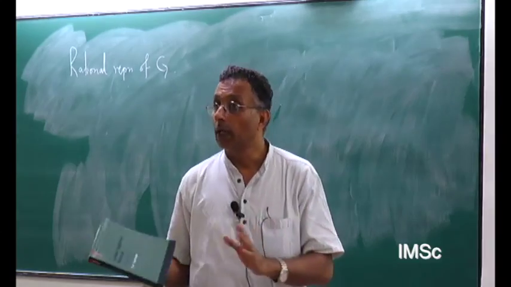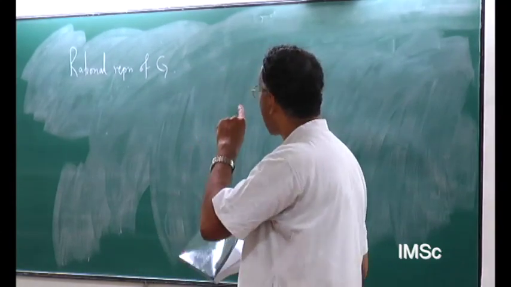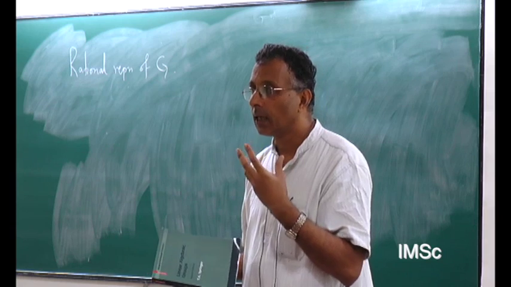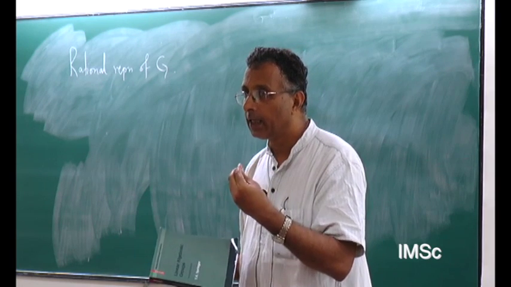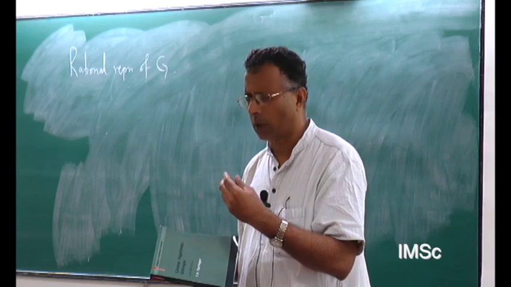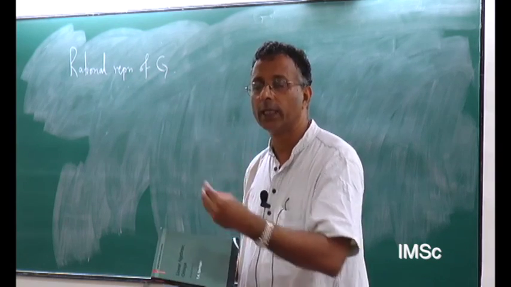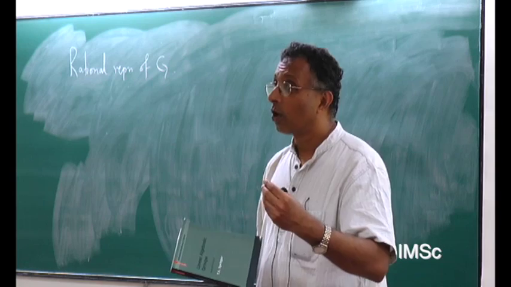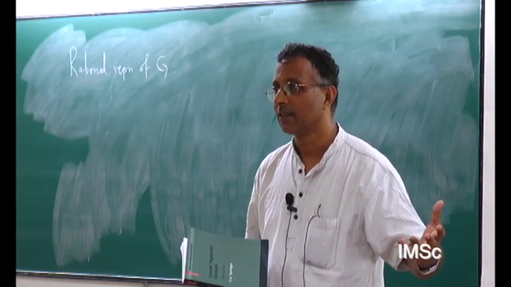That's very natural, except the word rational is classical, because if you think of GL_n, 1 over determinant is a valid function on GL_n.